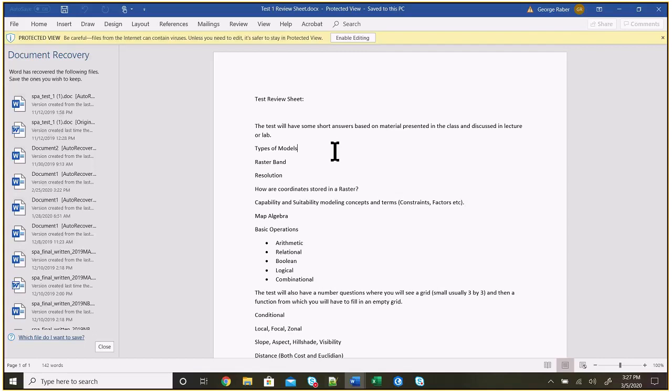Yeah. I think that's all I really talked about on the test. We can model like a decision-making process. Suitability modeling helps us to do that. Okay.